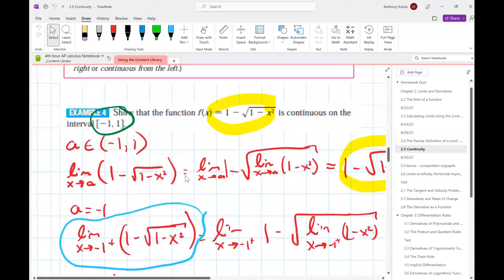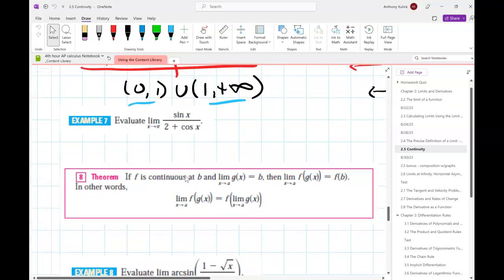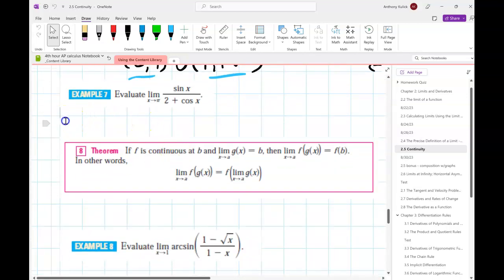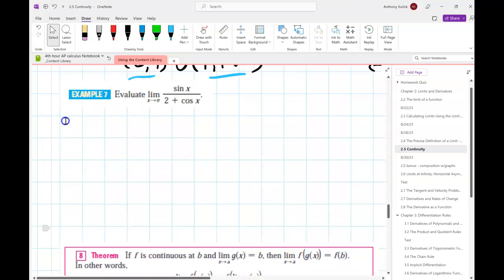All right, so we've been talking about continuity, and we were here at example 7. So let's pick up here at example 7. Here it asks us to evaluate the limit as x approaches pi of sine x over 2 plus cosine x.